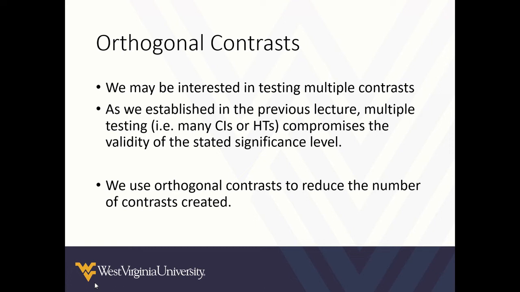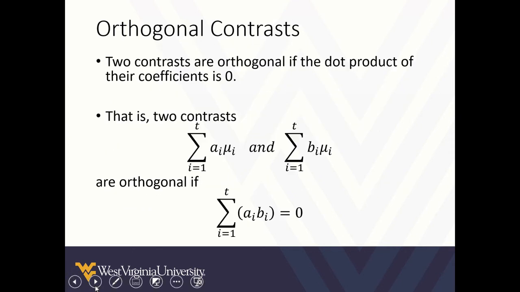We may be interested in more than just that one specific comparison. As we've established in previous slides, multiple testing does compromise the validity of our stated significance level. So we do something called orthogonal contrasts, and this helps reduce the number of contrasts that we actually create.